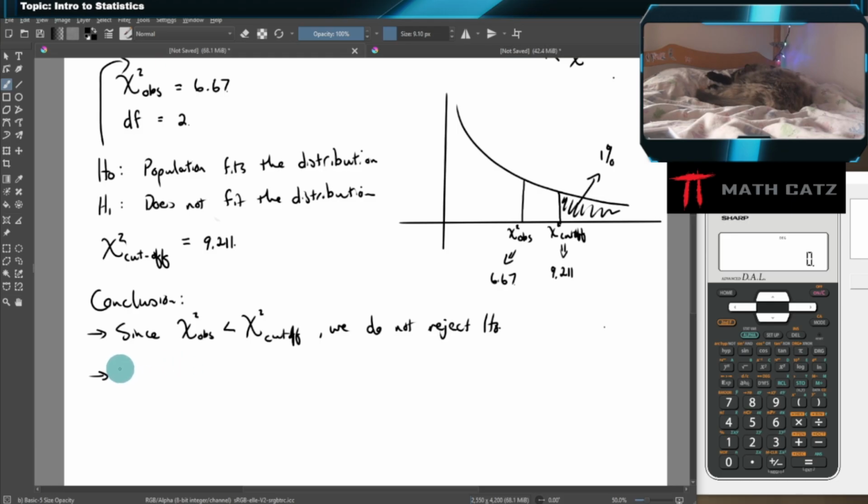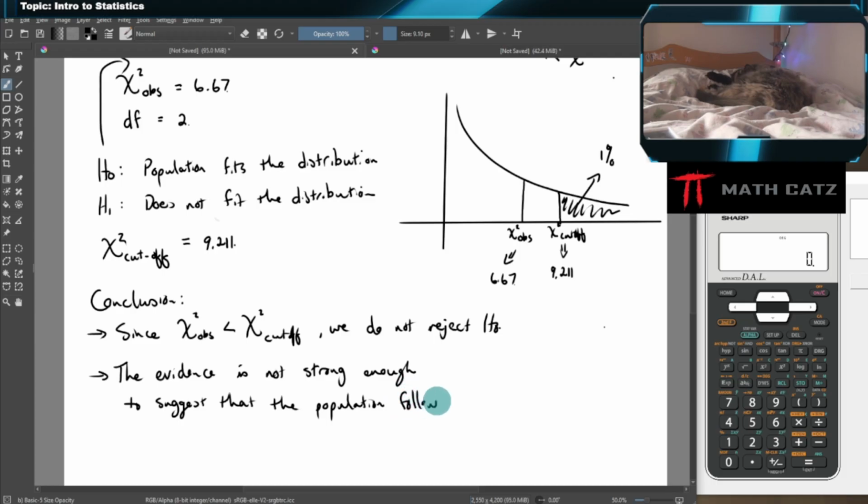So we can say the evidence is not strong enough to suggest that the population that the sample comes from follows a different distribution.